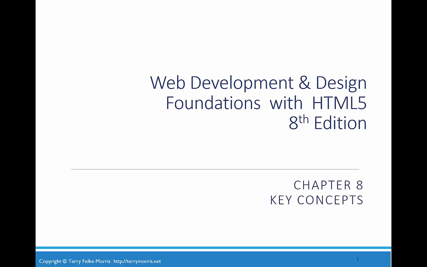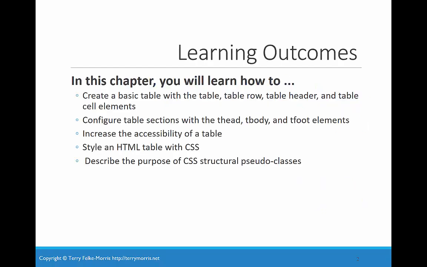So hopefully this shouldn't be a long video like my usual videos are. All right. So let me give you some of the basics. In this chapter, we're going to talk about the table structure, the different table tags that they have for tables, as well as some of the table sections, and how you can use CSS to style your HTML table.